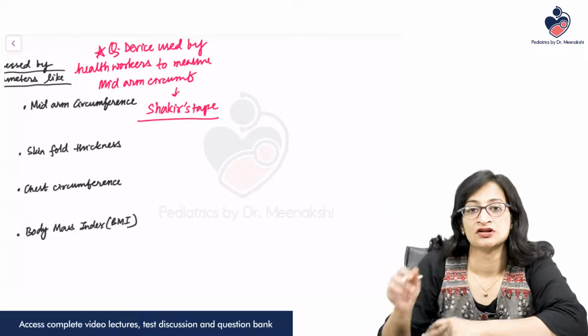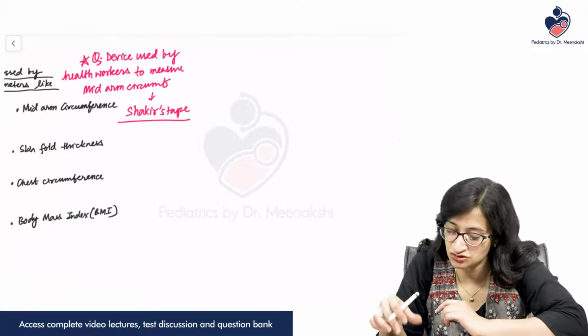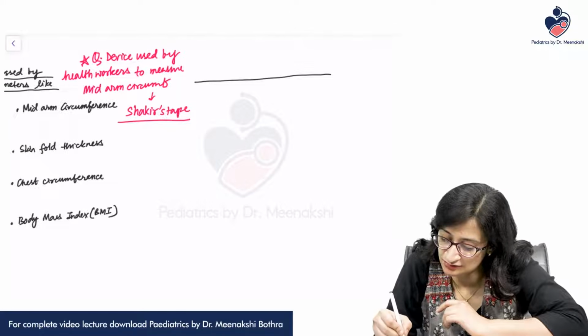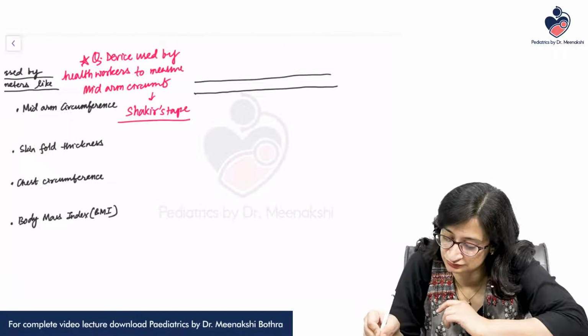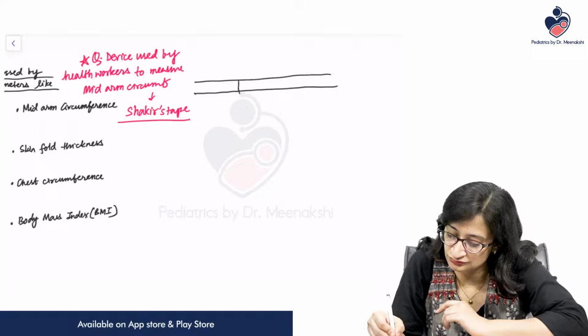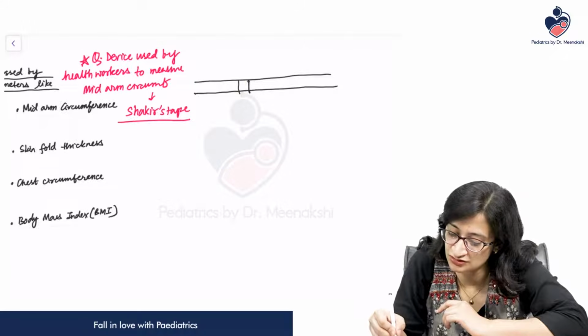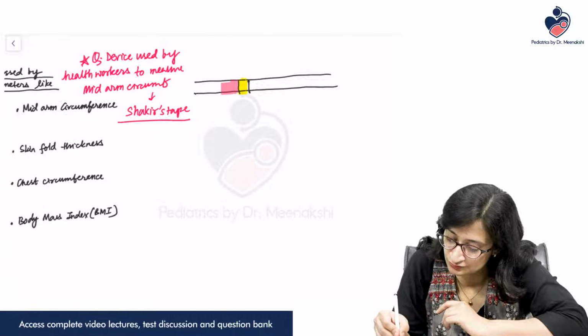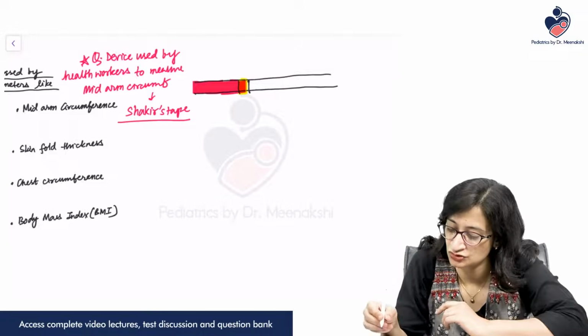Okay. So Shakir's tape is nothing but a measuring tape with centimeter and millimeter markings. And it has got 3 zones, a red zone, a yellow zone and a green zone.